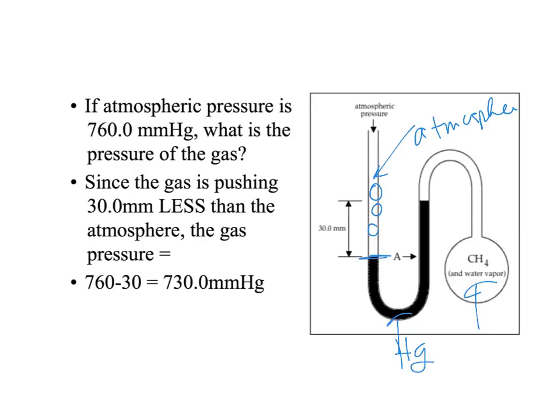And we can see that since this side is lower than this side, there's more pressure here, more pressure from the atmosphere. So this problem says that if the pressure were 760 mmHg, what would be the pressure of the gas? Since the vapor pressure is lower, we subtract 30 from 760 to get 730. Once again, these problems are not going to be on this test. We've already covered them in the chapter on gas laws.